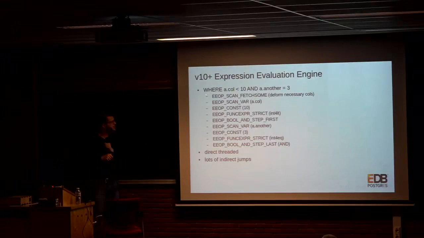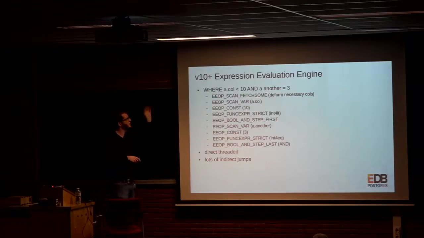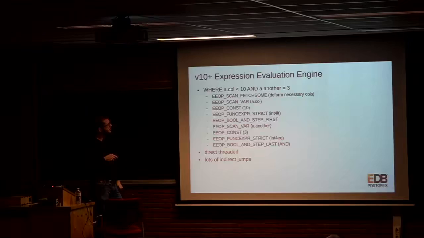Basically, if you have an expression like this one, where a.column is smaller than 10 and a.another_column equals 3, this will result in a number of expression steps. We'll have a scan fetch, where from the scan table, which is the current table that we look at, we need the deformed values of column and another column.